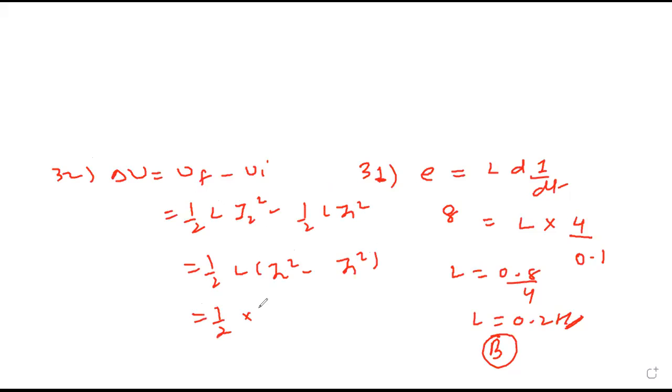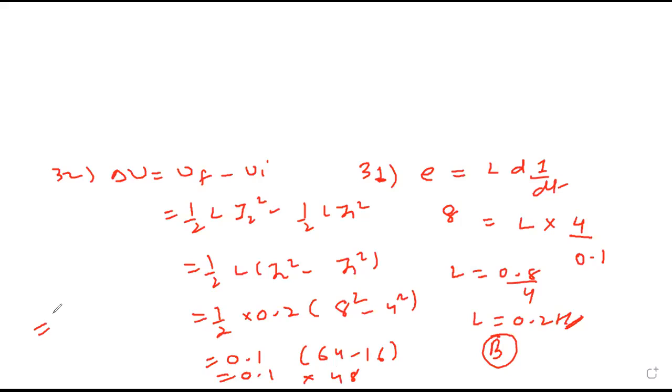L we just calculated in previous sum, 0.2. This is 8 square minus 4 square. So 0.1 into 64 minus 16, that is 0.1 into 48. So equals 4.8 joule, option A.